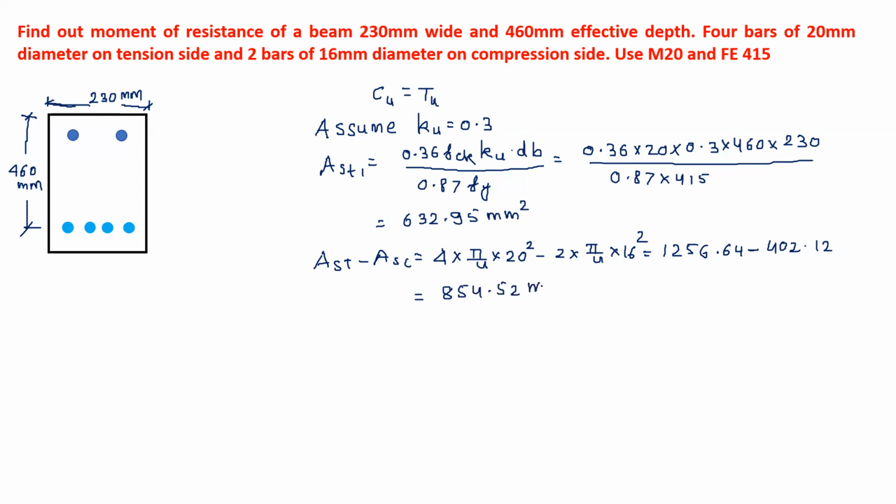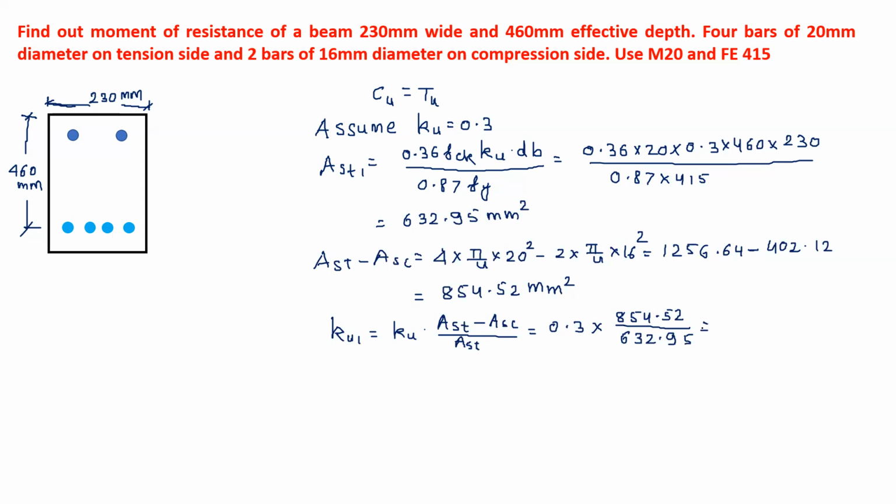So we have 854.52 millimeter square. And then you go for the first trial Ku1 equal to Ku into (Ast minus Asc) upon Ast1. We have Ku1 equal to Ku, which is 0.3, into 854.52 divided by 632.95.